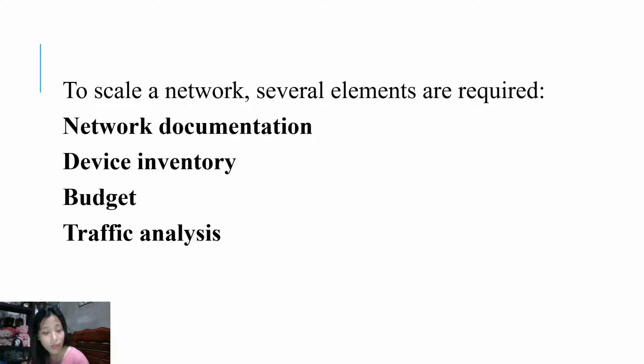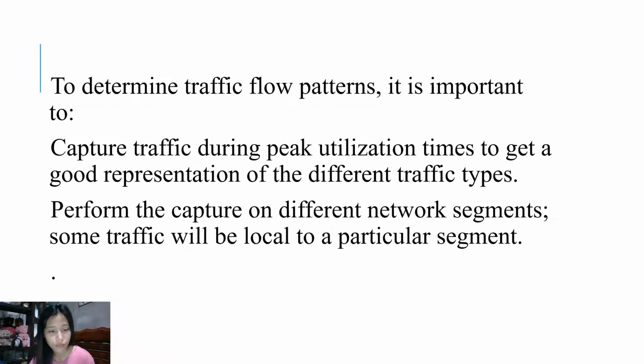The third one is the budget, which is the itemized IT budget, including the fiscal year equipment purchasing budget. The last one is the traffic analysis, which covers protocols, applications, and servers. Their respective traffic requirements should be documented.